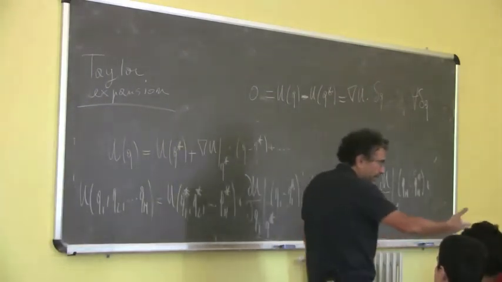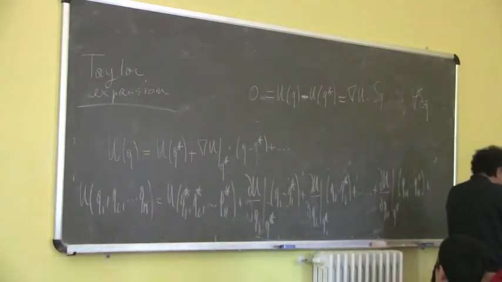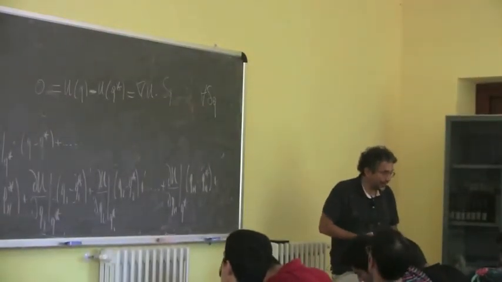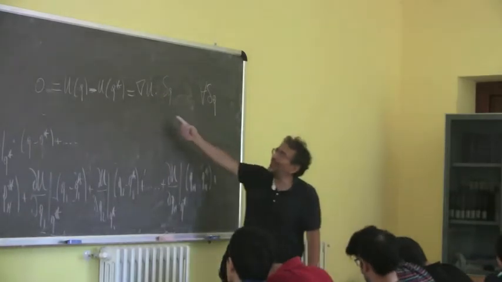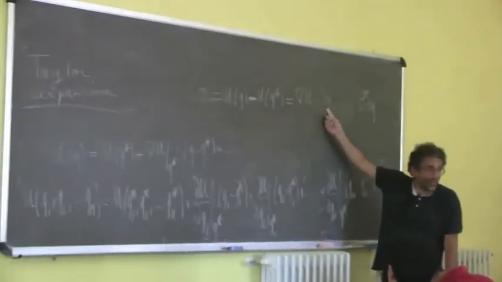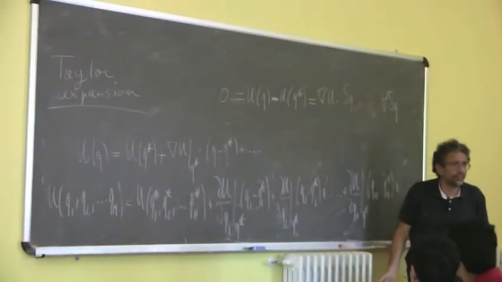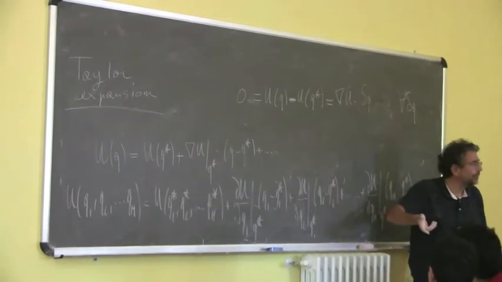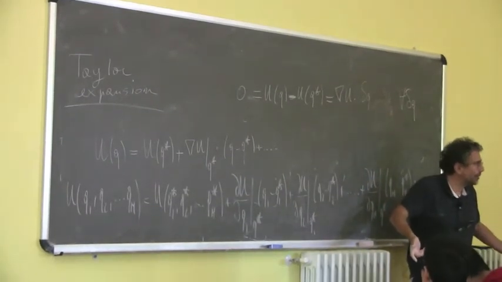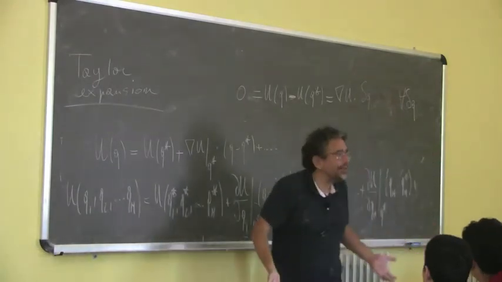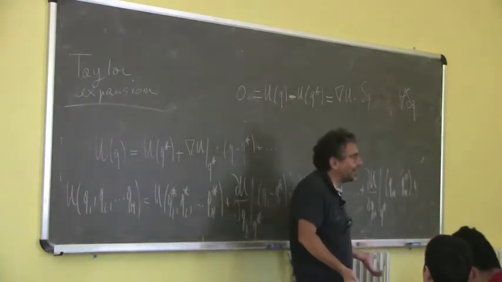What we have proven: minimum of energy implies that the total work for every virtual displacement is equal to 0, where grad U are the forces applied to your system.